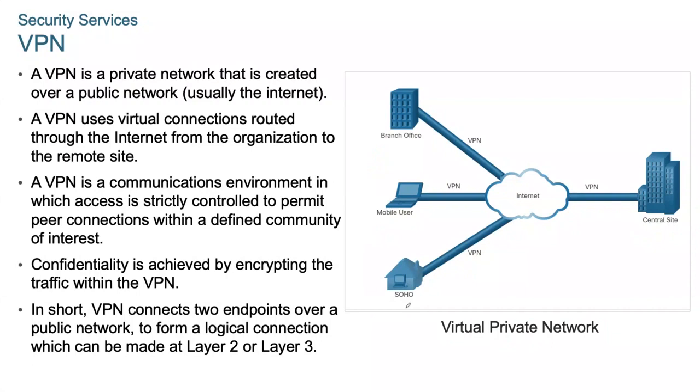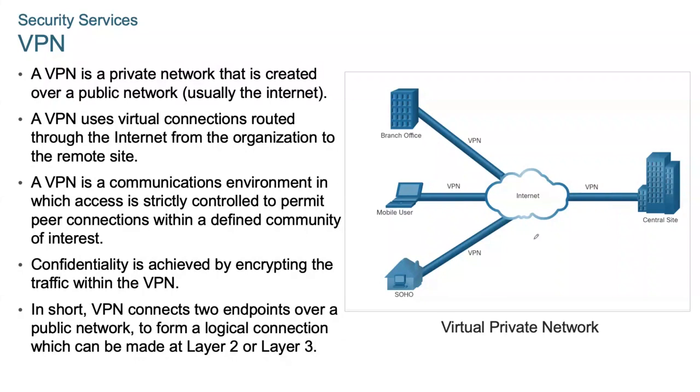We call it tunneling. Once that virtual connection is established through the public network, it does not allow traffic from any other network users. Only that group of users can use that tunnel. Through that tunnel, only that branch's information will go.